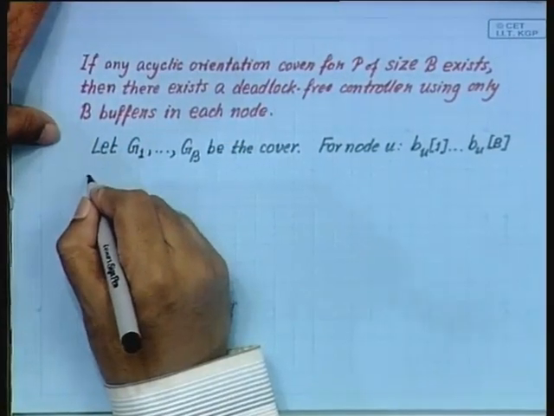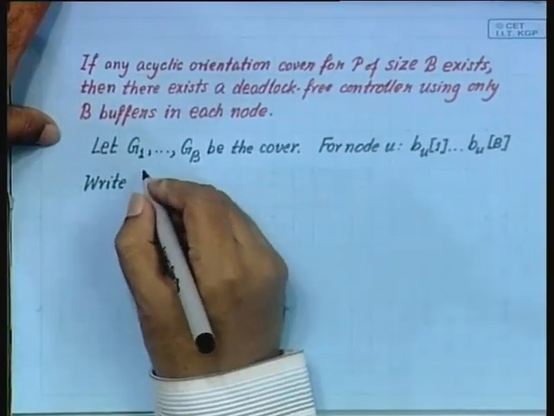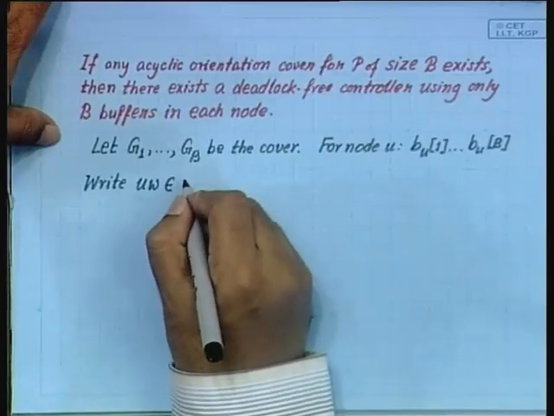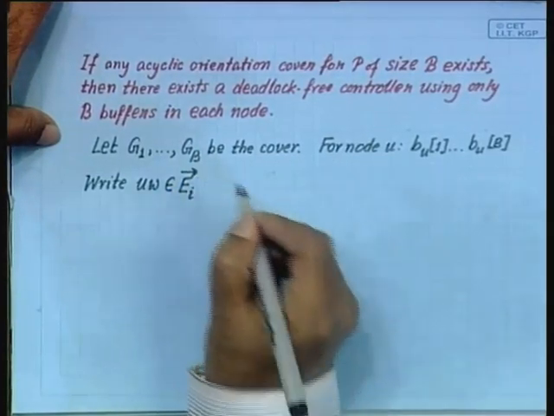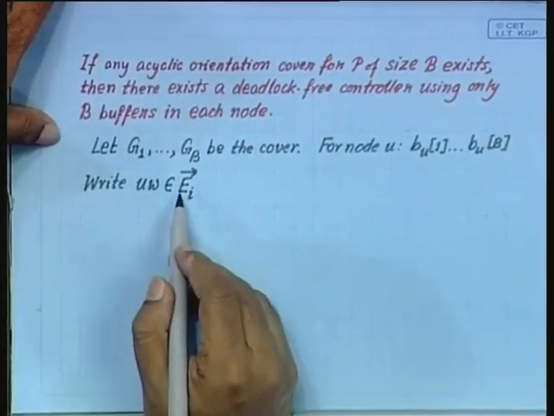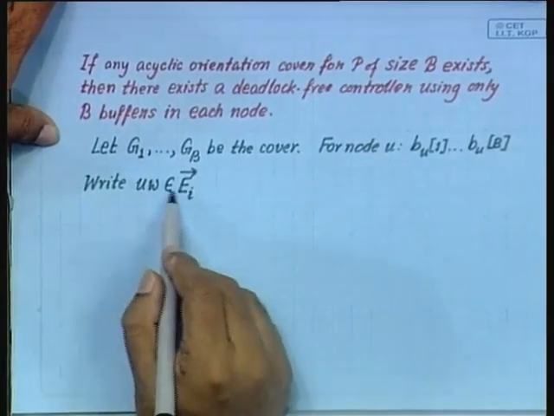We write UW belongs to E_i. What is this? This is the set of edges in G_i. Remember, G_i is a directed graph. So, it only has directed edges.